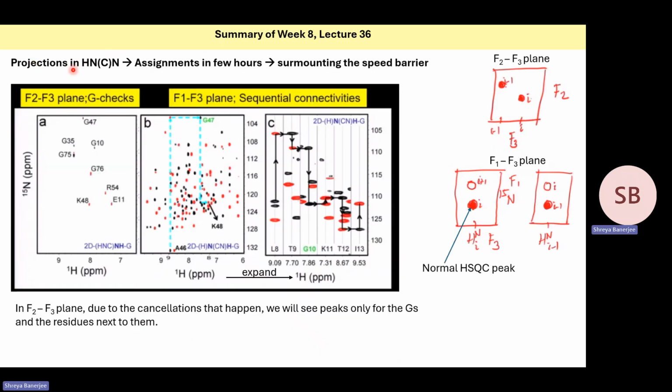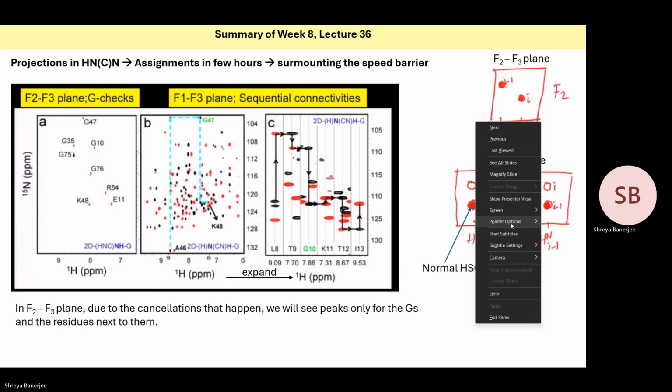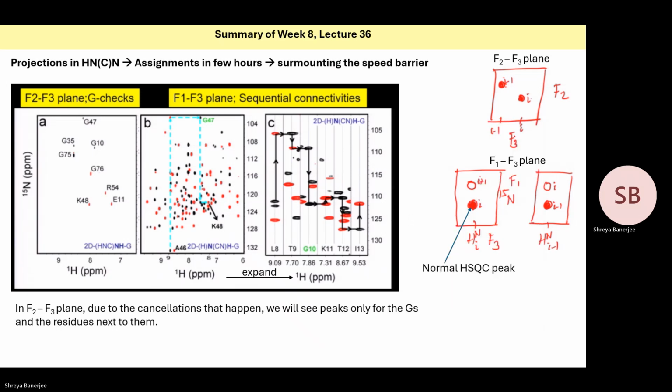Now we will look at some projections of the HNCA spectra. So you have the HNCA spectra. Now suppose we take the F2, F3 plane. We saw that the F2, F3 plane will basically give you, so this is copied from the first slide, the F2, F3 plane gives you correlation of I. F3 is 1H and F2 is 15N.